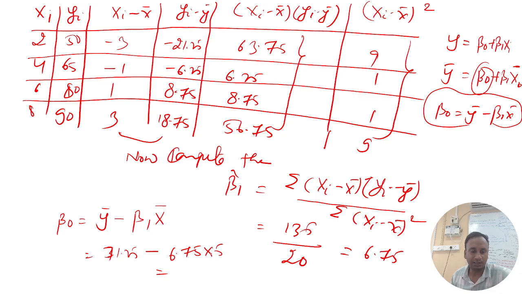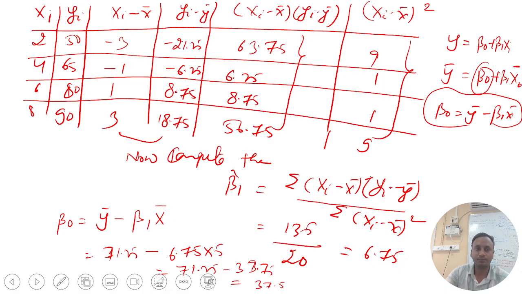6 into 5 is 30, then 0.75 into 5 is 3.75, so we get 33.75. So 71.25 minus 33.75 comes to 37.5. So till here it's calculated. Is it clear now?